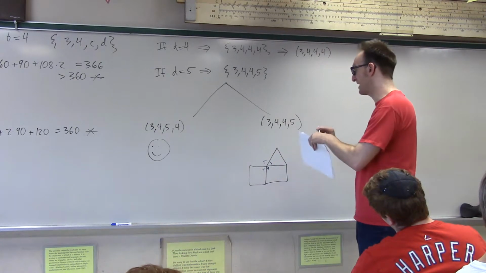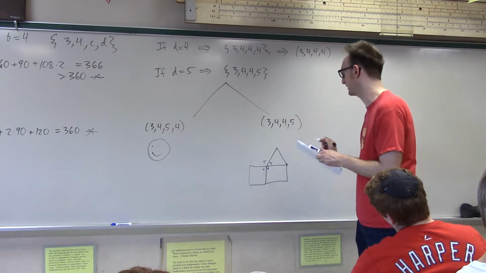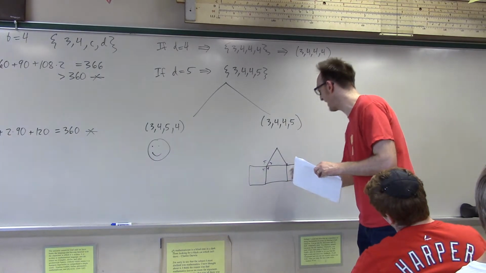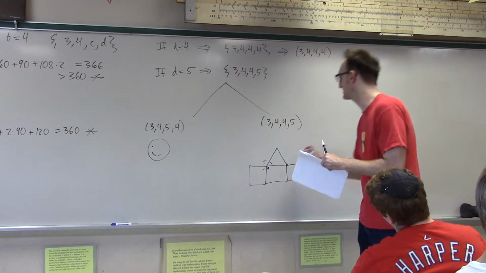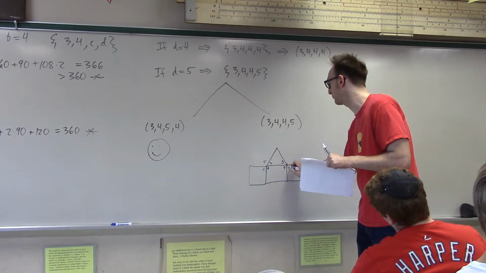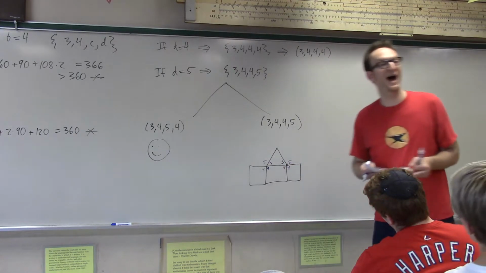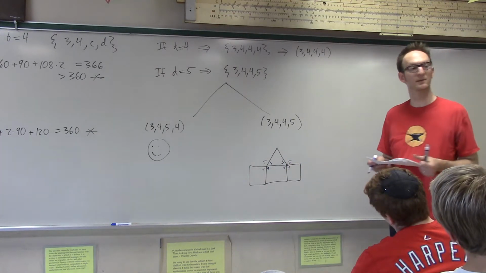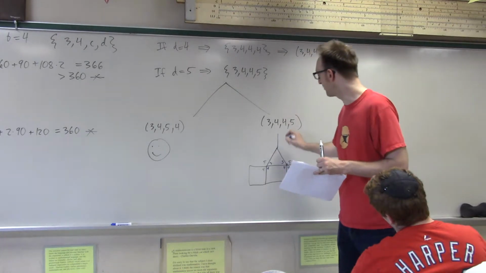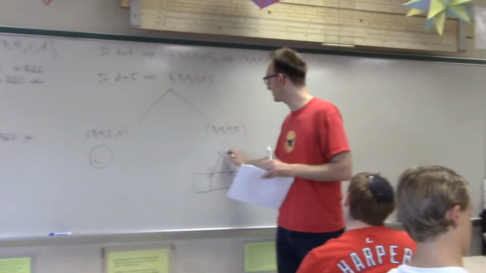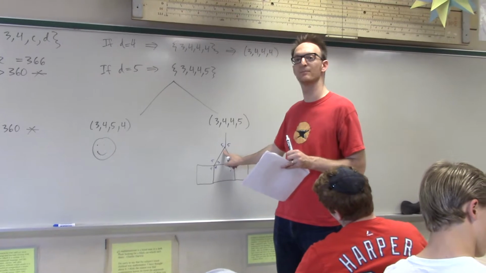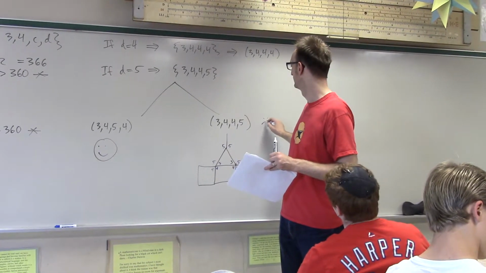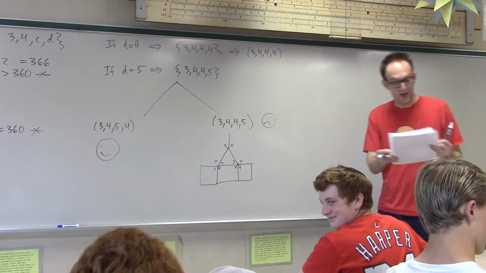But then that means that at this other vertex, it has to also look like that. So we also have to have a square here, making this a 3 and a 4 and a 4 and a 5. But now that's impossible because you have 2 5s at the top. Yeah, this has to be a 5 and a 5, and now this vertex is not the same. So that's impossible.